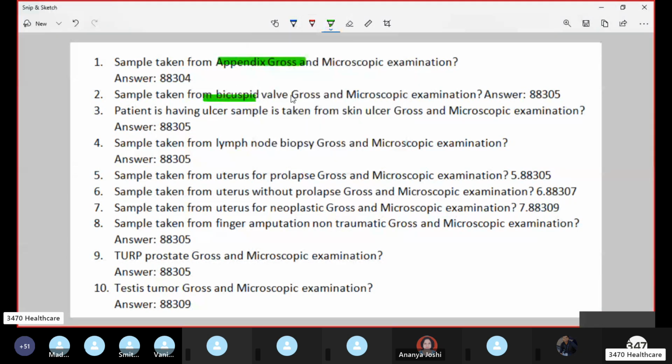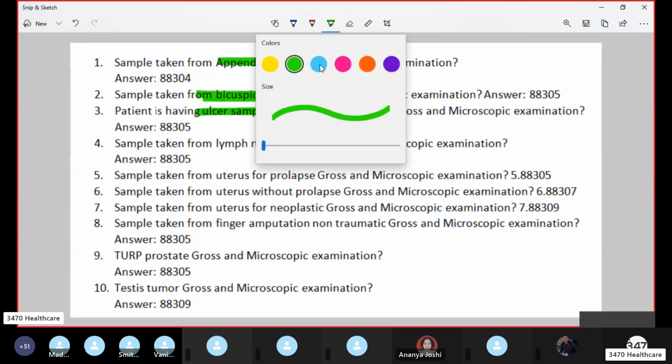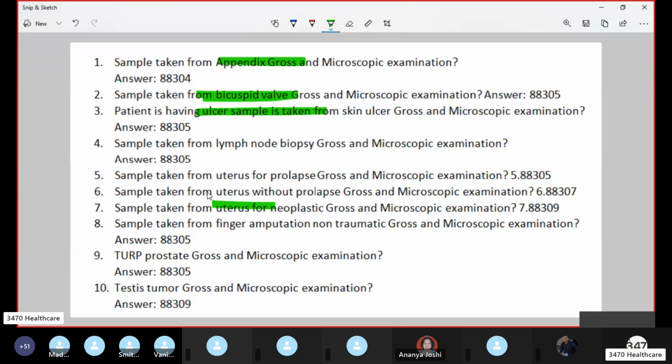Bicuspid valve is the heart valve. Skin ulcer: other than cyst, tag, debridement. Skin ulcer, you need to take for the other than cyst, tag, debridement. Then lymph node is direct, then uterus for prolapse, uterus without prolapse, uterus for neoplasm. It is all direct one only, but you have to look at the term correctly.